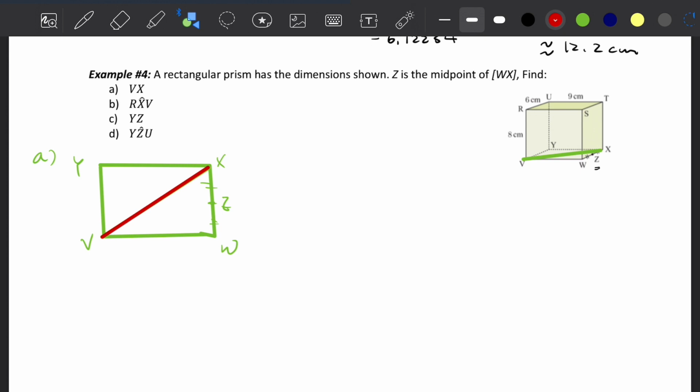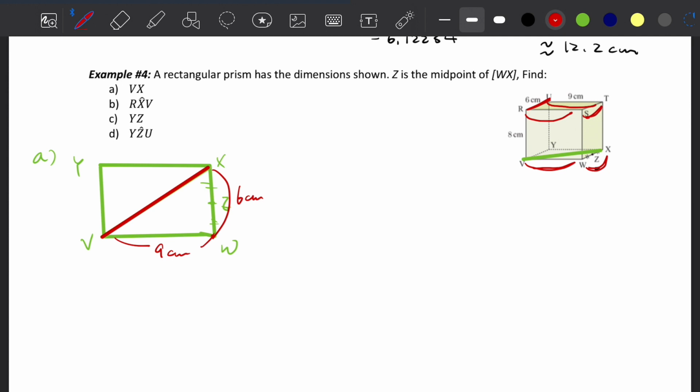We want to find the length of the VX, and we do know that this part has the same length as the RS and also the same length as UT, which is given as 9 centimeters. And line XW has the same length as ST, and ST also has the same length as RU, so it is 6 centimeters, right?